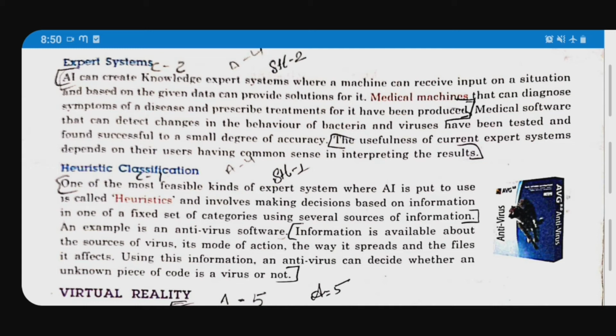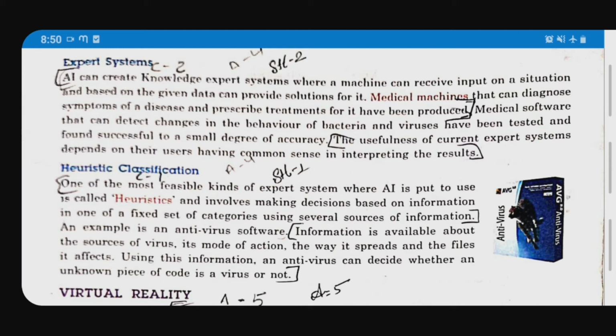Next is heuristic classification. So what is heuristic classification? You have heard about antivirus software, and it is one example. One of the most feasible kinds of expert system where AI is put to use is called heuristic classification, and it involves making decisions based on information from one of a fixed set of categories, using several sources of information.